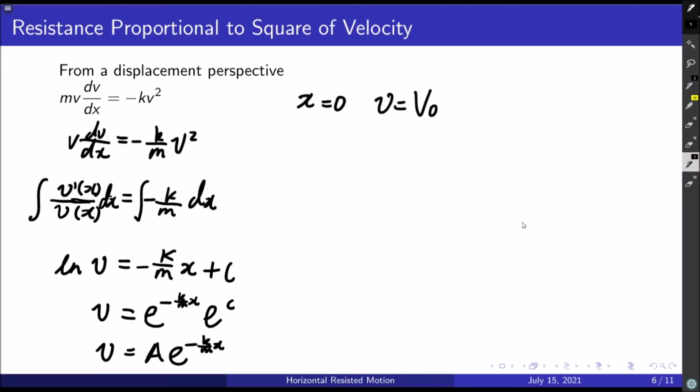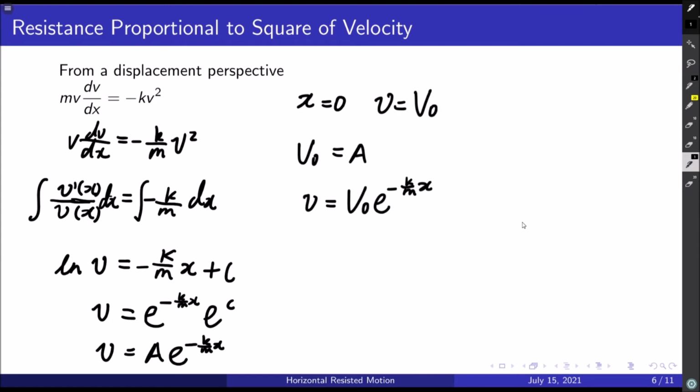So what we end up with is v0 equals a, and conveniently enough, we can say v equals the initial velocity v0 times e to the minus k over m times x.